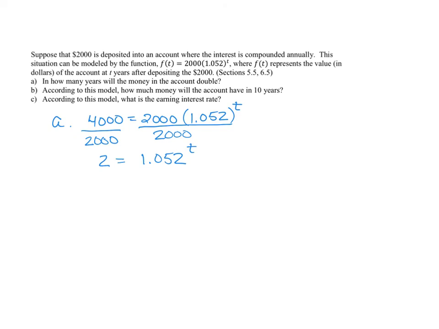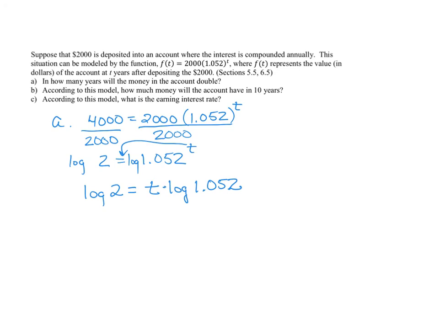In order to get t out of the exponent, we want to take the log of both sides. So we get log of 2 equals, I'm going to move my t down to the front, so we get t log 1.052.